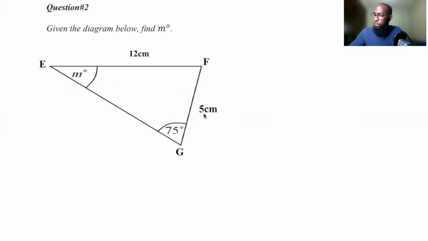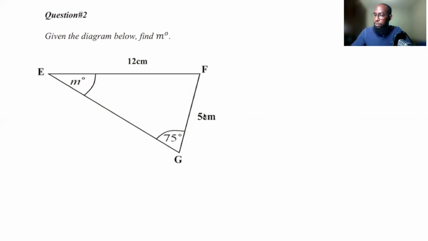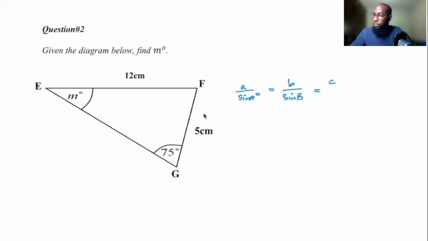So, same format, putting on the general formula first. E over sine E is equal to B over sine B is equal to C over sine C degrees.